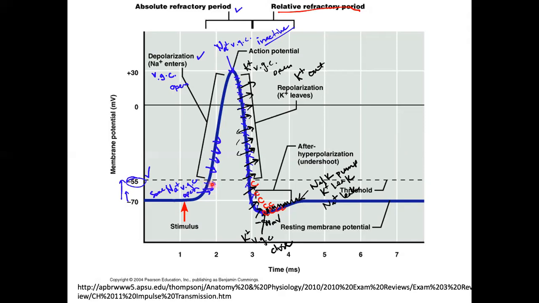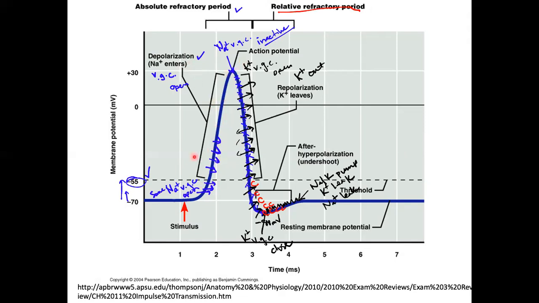If we have enough sodium rushing into that cell that it hits negative 55, then you're going to generate an action potential. Okay, that's threshold. And so what ends up happening once you hit threshold is that sodium voltage gated channels pop open in that area of the axon. Sodium rushes in, and you get this upward swing of the graph, right?